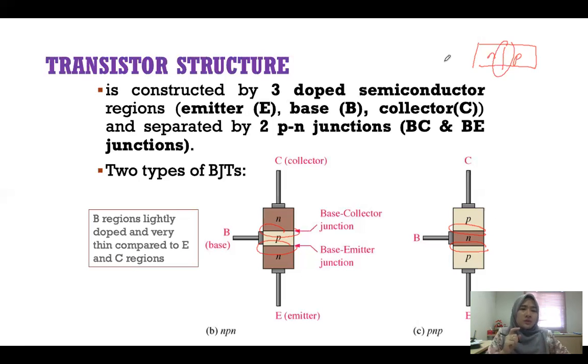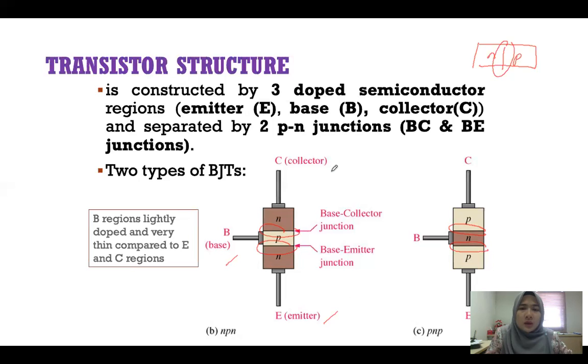A transistor is constructed from 3 doped semiconductors. I call these feet, in Malay, kaki transistor. The first one we have is the emitter. The second one is the base.